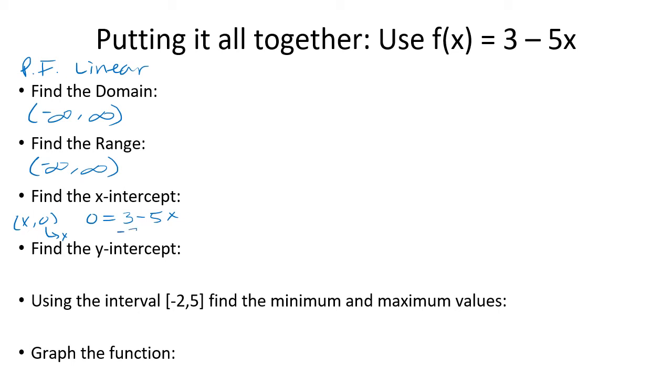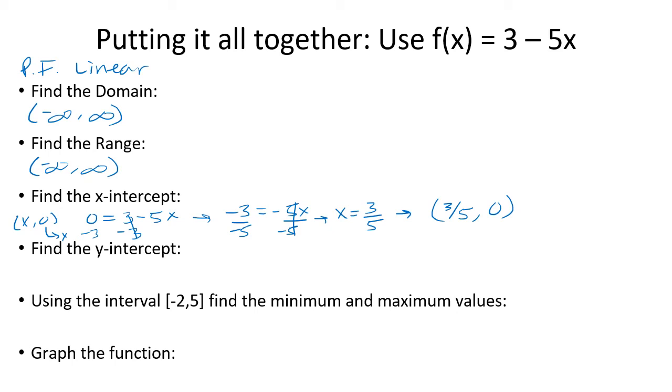So the first thing I have to do is subtract 3, inverse operations. I'm going to be left with negative 3 equals negative 5x. Last thing I'm going to do is divide by negative 5. And I'm going to be left with x equals 3/5. So therefore my x-intercept is at 3/5, 0.